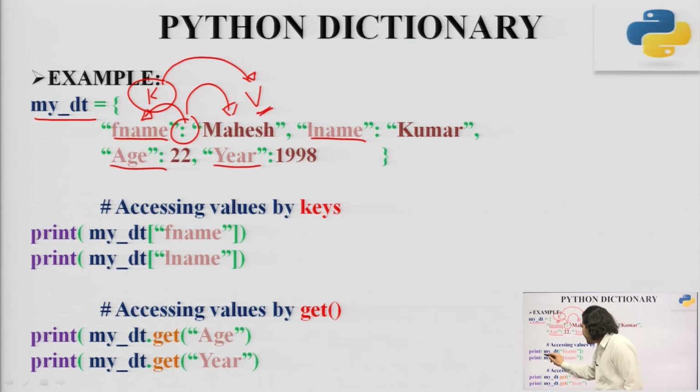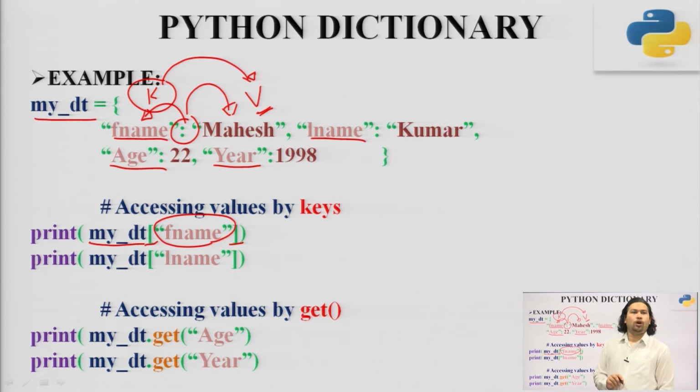The subscription syntax is the variable name followed by the square bracket. In that, you are not going to mention the index number, that means 0, 1, 2 or 3, but what you are going to mention is the key. So, here the key is f name. Similarly, in the second statement you can see that in the square bracket we are mentioning the key. That means, once we put the key inside the square bracket, we are ultimately or indirectly accessing the value.